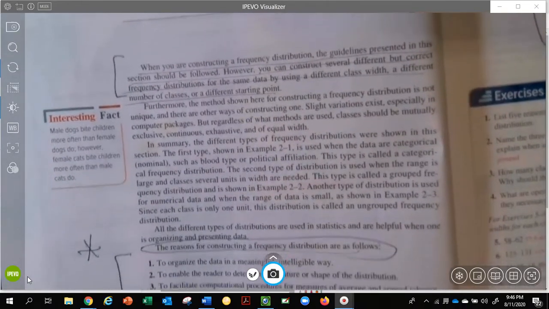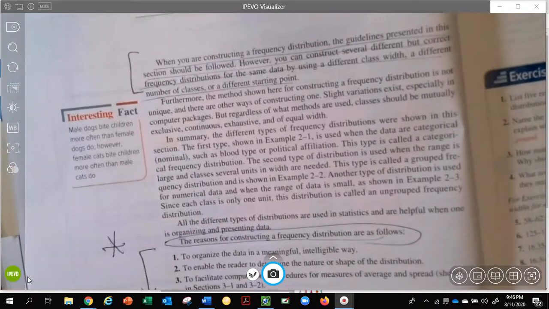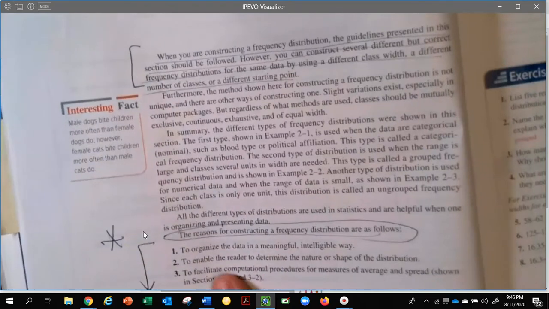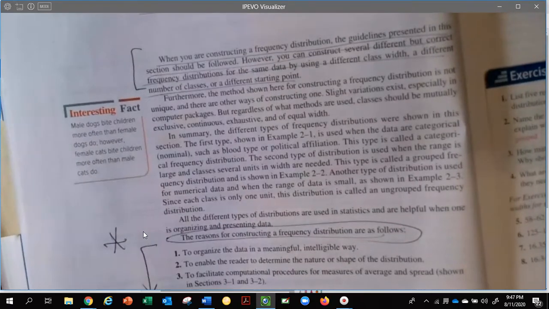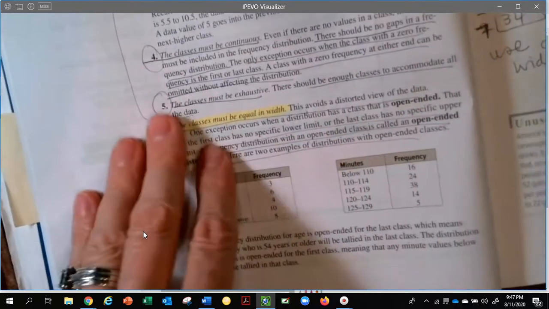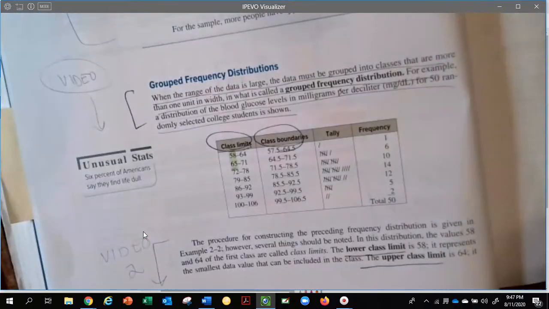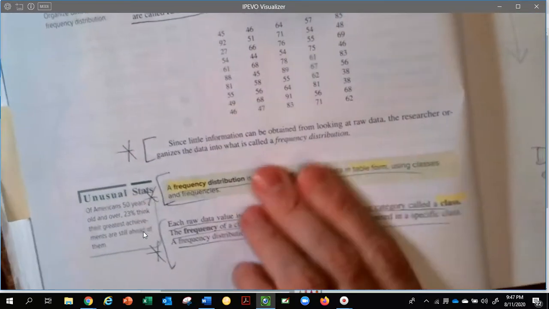So down here at the bottom of the page are some reasons for constructing a frequency distribution. At the bottom of this page, you notice that it says to organize the data in a meaningful, intelligible way. In other words, when we first started this section, we were looking at numbers, and it's like, wow, that's just a whole bunch of numbers, and they don't really mean much.